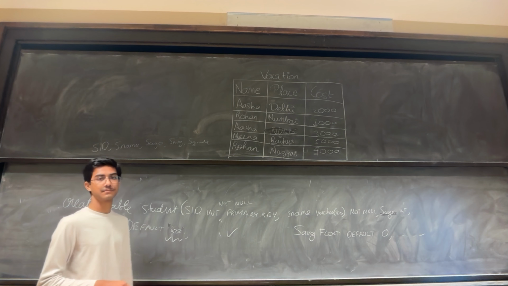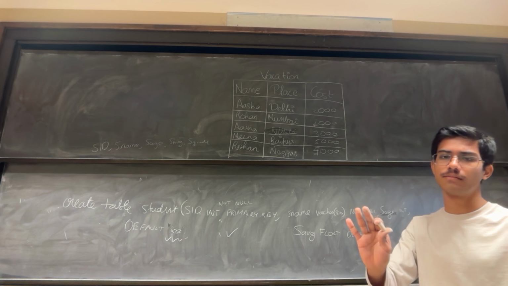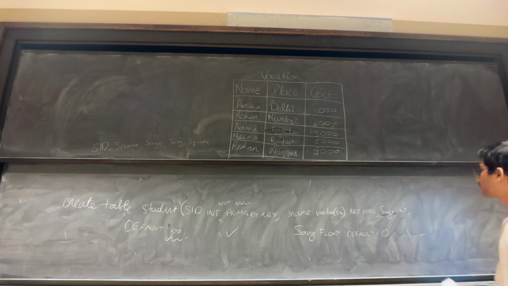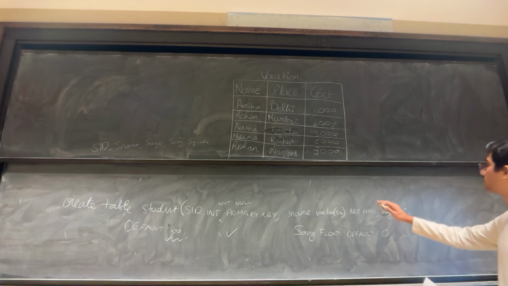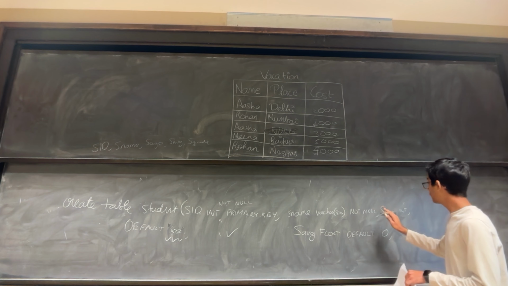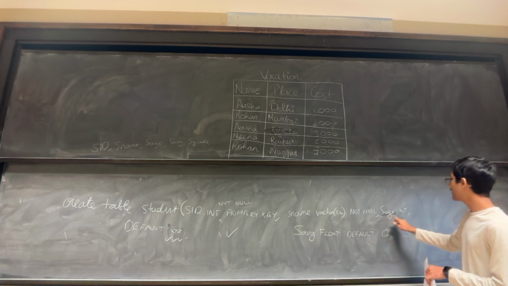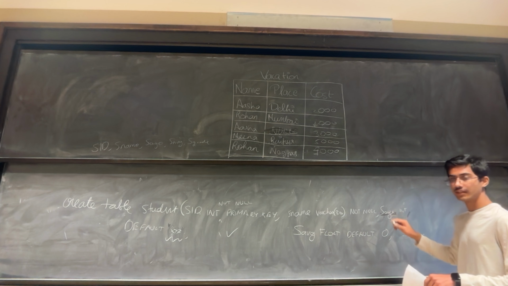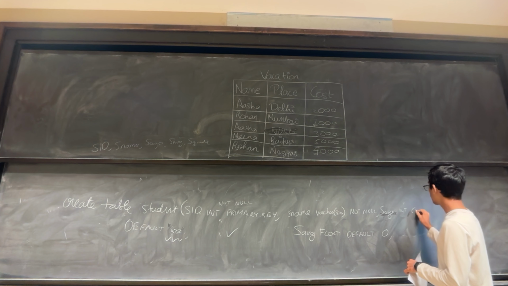Now let's say I want to check that a particular condition is satisfied before the data is entered. Let's say I want to ensure that the age of all my students being entered is greater than 0, or let's say greater than 10. The way I would do that is I would come back to my age column declaration and see sAge int. Okay, that's valid. And now I'll write check.